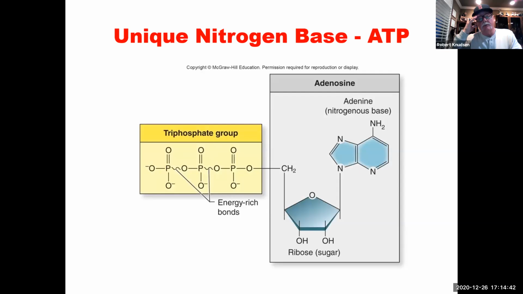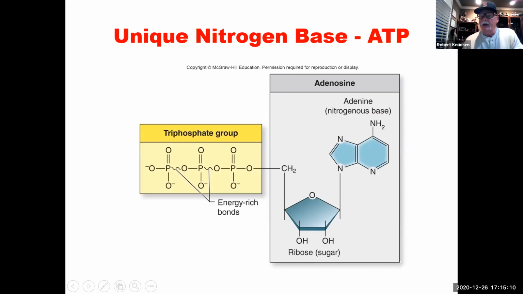Okay, and I threw in ATP because we talk about ATP as the energy source in our body, right? It's a unique nitrogen base. Okay, here's adenosine. There's your triphosphate. Okay, 1, 2, 3. That's your triphosphate, and it's attached to a pentose sugar, ribose.